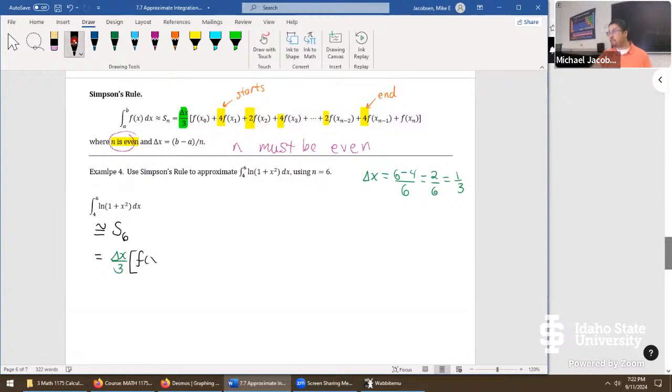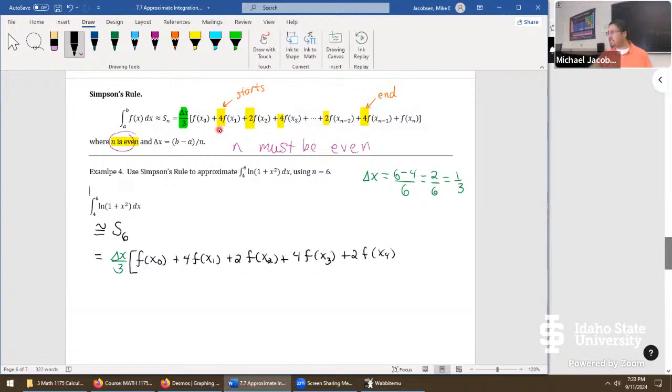Then it starts off with f of x naught, coefficient of 1, and it always begins with the 4 to start the alternating 4-2-4-2 pattern. So plus 4 f of x1, 2 f of x2, 4 f of x3, 2 f of x4.